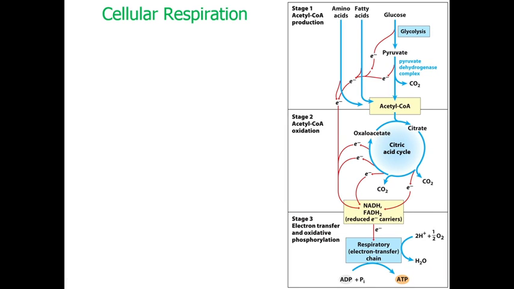For most eukaryotic cells and many bacteria, which live under aerobic conditions, glycolysis is only the first stage in complete oxidation of glucose.